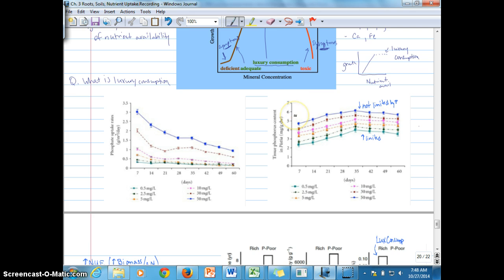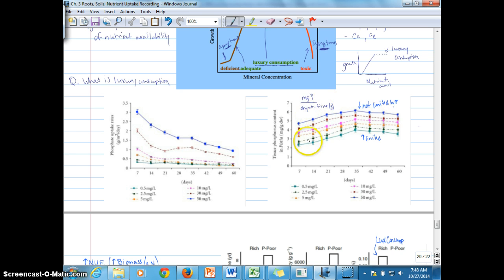To make sure we understand this value, tissue concentration is milligrams of phosphorus over the dry weight of tissue in grams. So it's a ratio of phosphorus to total mass.